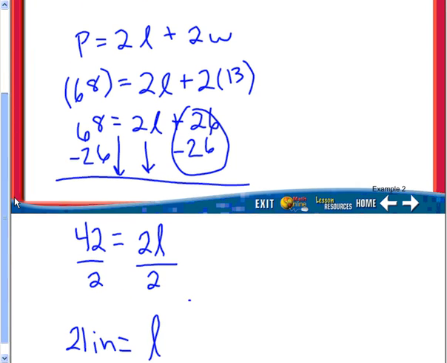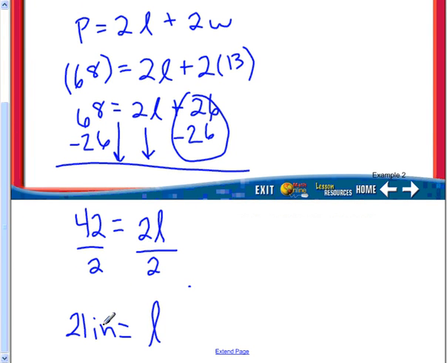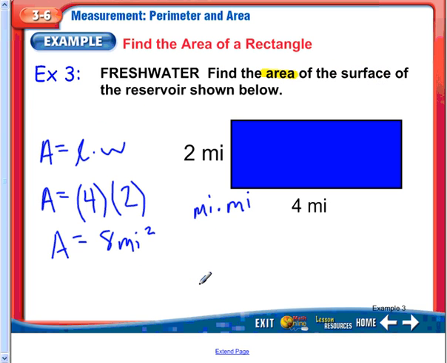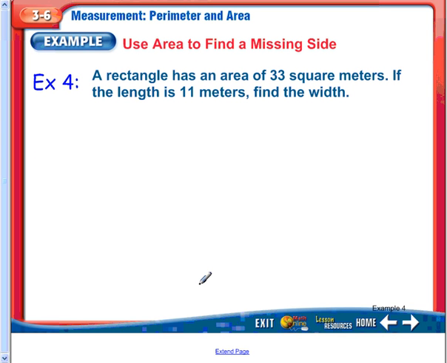As opposed to before, when we were solving for length, we had just inches. They weren't square inches. And when we're solving for perimeter, we did not have square feet, we just had feet. So area is the only time where we will have square units.